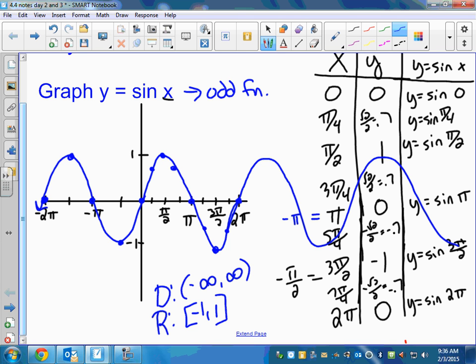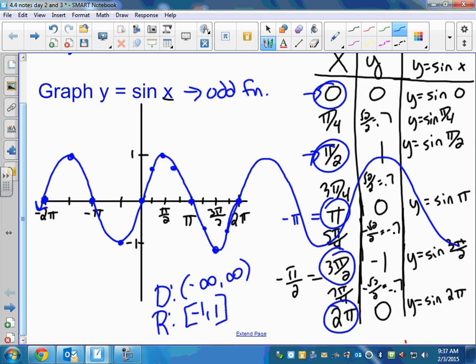Pick the points that give you zeros, ones, and negative ones, which for the most part means we pick the ones that go around the unit circle on the axis, right? So normally when I do this, I'm only going to pick 5 points. I'm going to pick 0, pi halves, pi, 3 pi halves, back to 2 pi, picking all those key points.